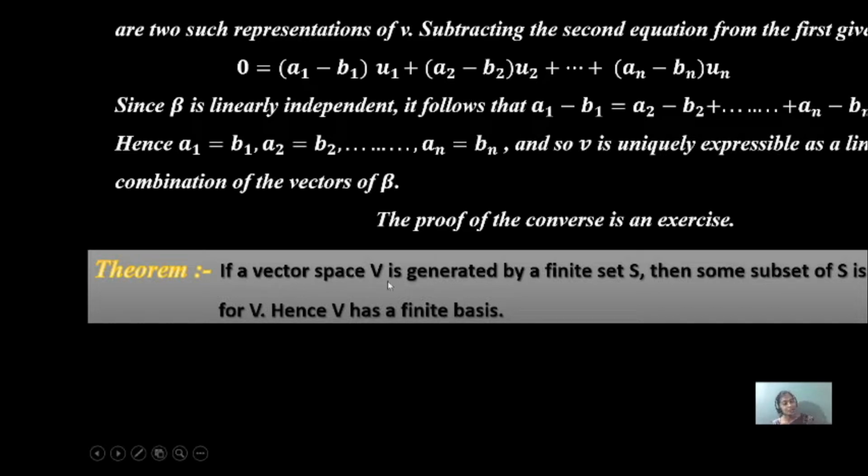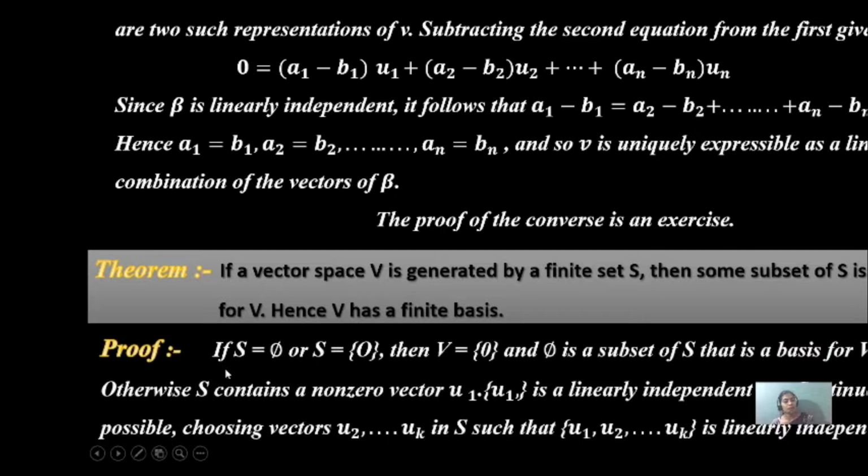Hence V depends on S, and S depends on V for the finite basis of this one. Proof. If S equals phi, or S equals 0, then V also equals 0, and phi is a subset of S. S is called a finite set. Then phi is a basis for V, which means that this value directly depends on V. Otherwise, S contains non-zero vectors u1, and u1 is a linearly independent set.